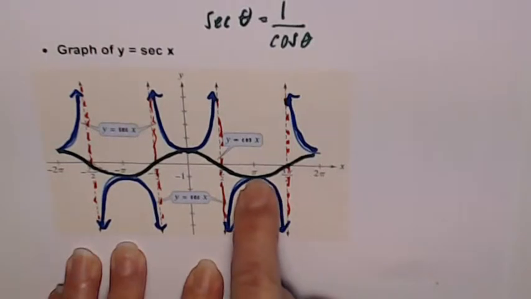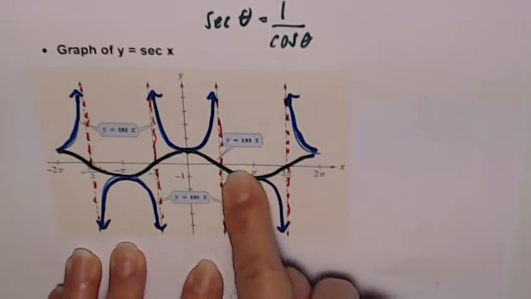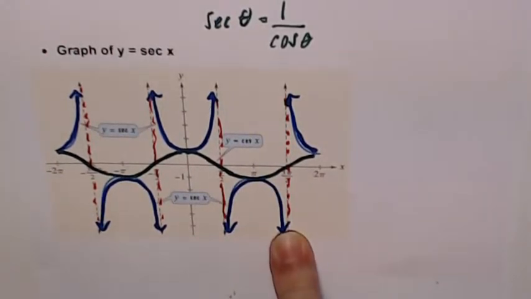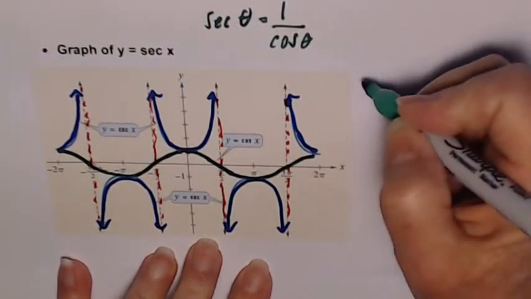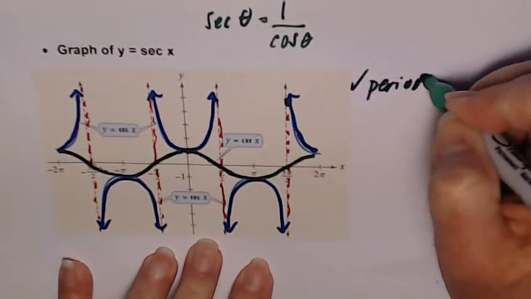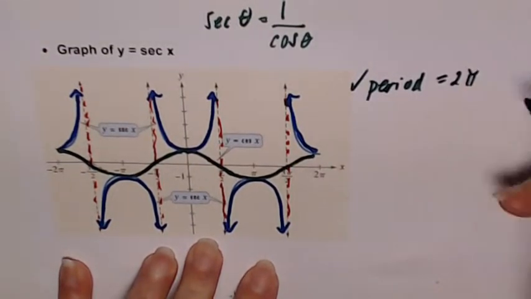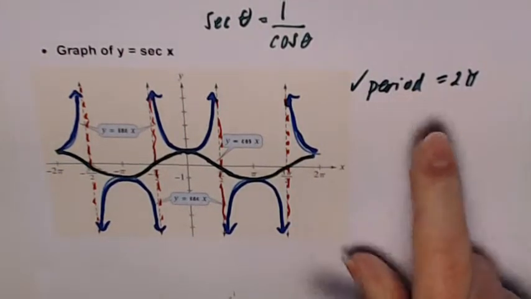And when we have a minimum value in our cosine function, that gives us a maximum value in our secant function. So just like we did with sine and cosecant, let's take a look at period and symmetry and domain and range with this. So in regards to period again, it is going to be 2 pi. So the period of secant is the same as its partner function cosine.